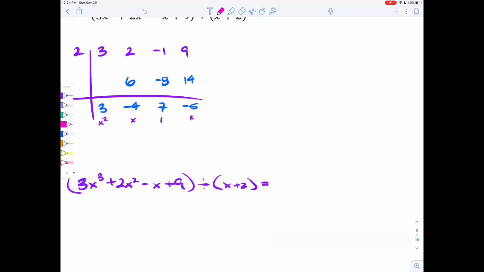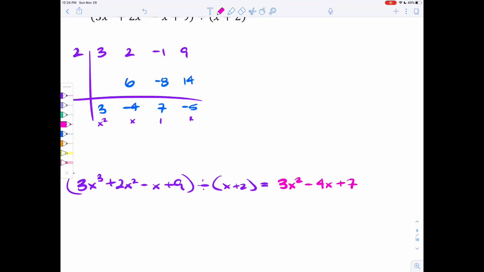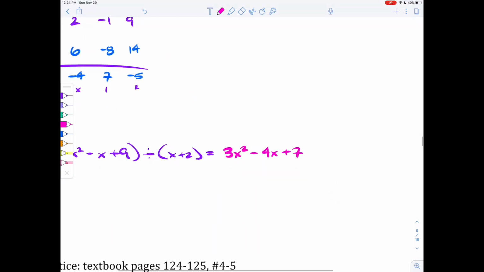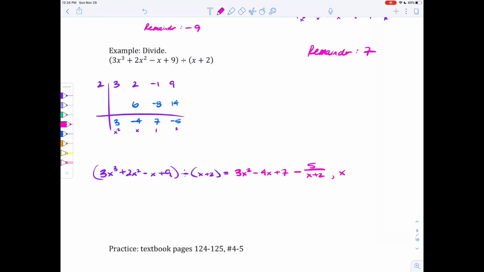Not the remainder at first, the actual quotient we would get would be 3x squared minus 4x plus 7, and then accounting for the remainder, using that same kind of remainder format that we had in the previous lesson, we'd say we're losing 5 over, what are we dividing by? x plus 2. And we can say that these two things are equal as long as x isn't equal to -2, because that would do dirty things to this denominator. We don't want to do that. So that's the dealio there.